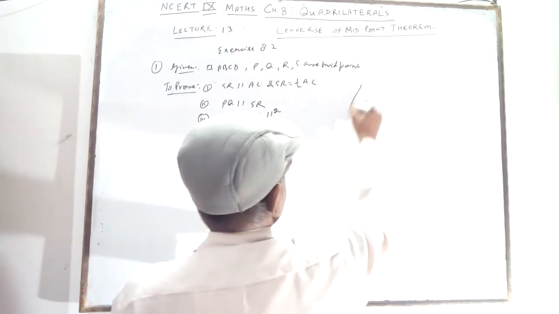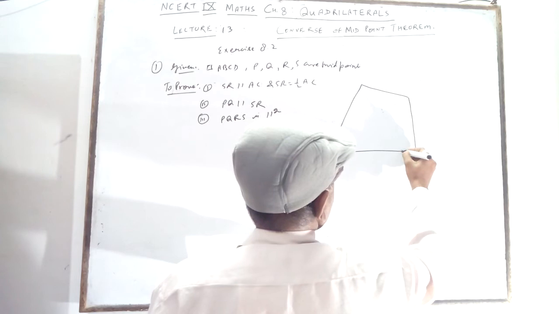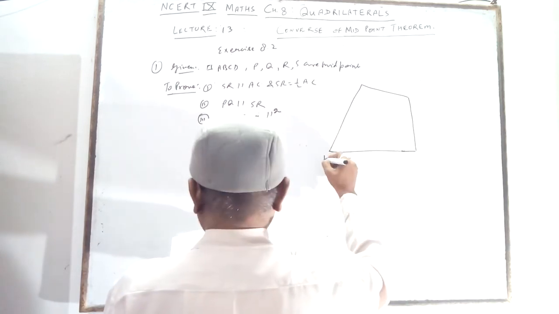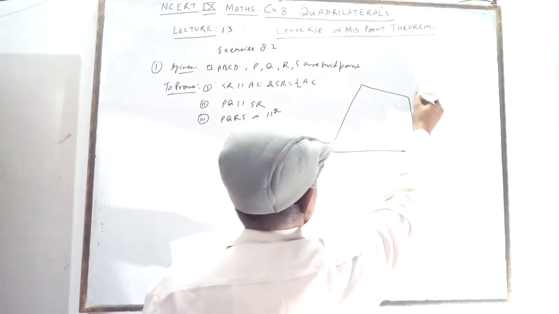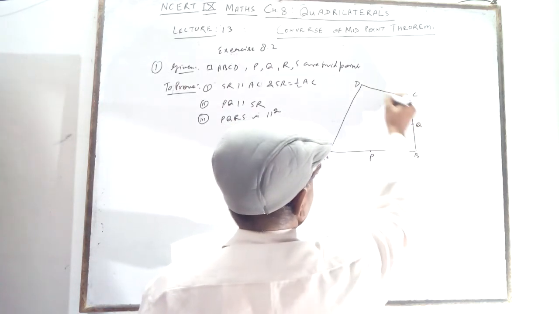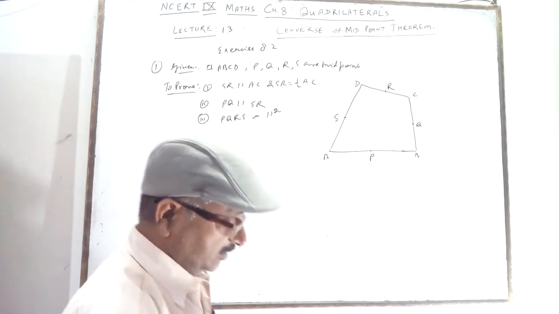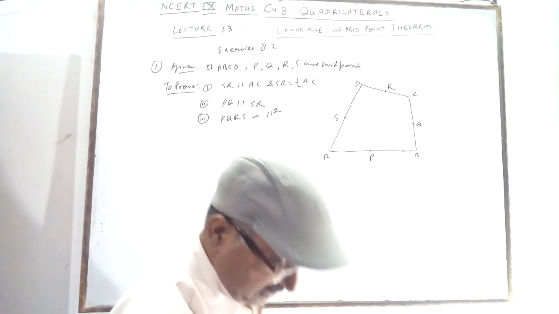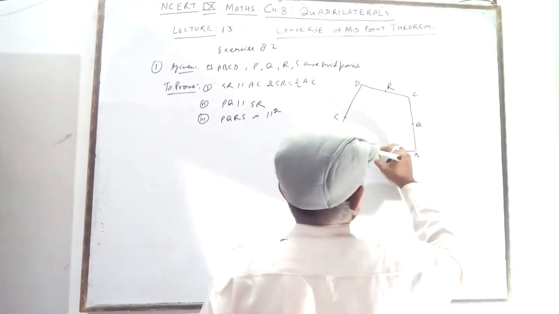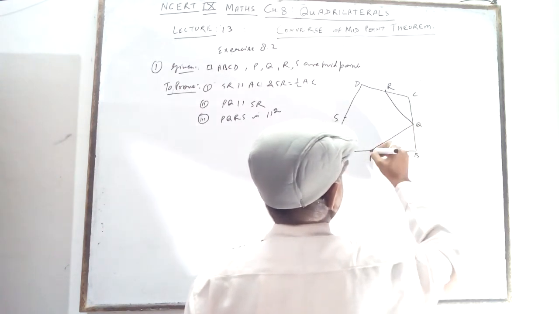So one quadrilateral you are getting, ABCD with P, Q, R, S. If you want to prove PQRS is a parallelogram, join this and apply the midpoint theorem.